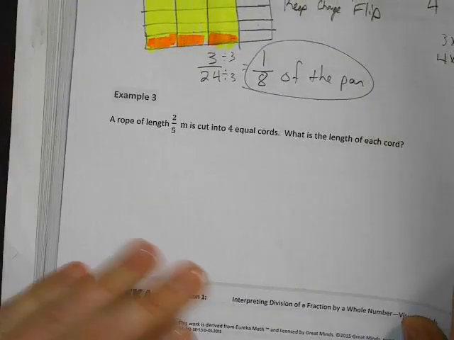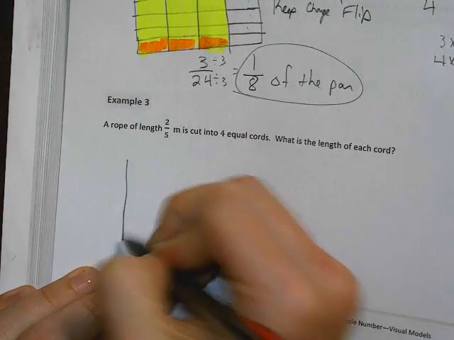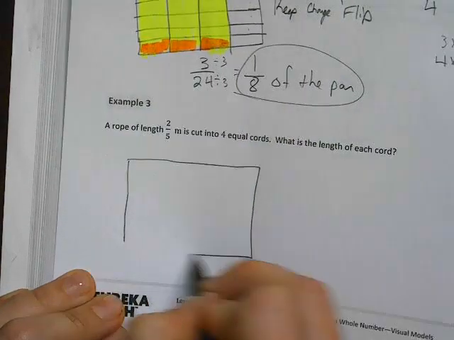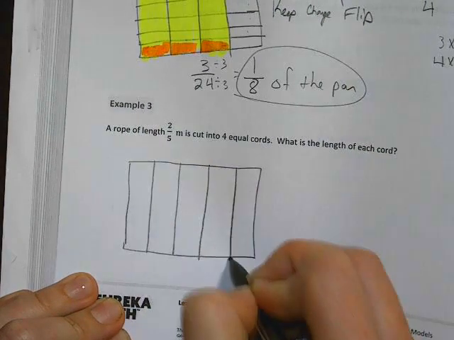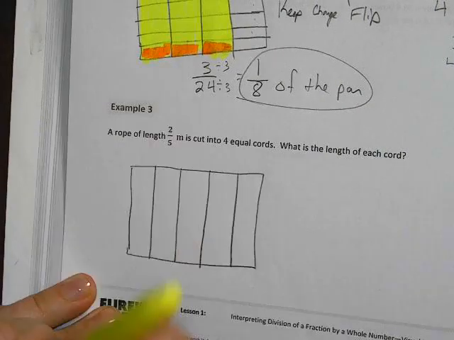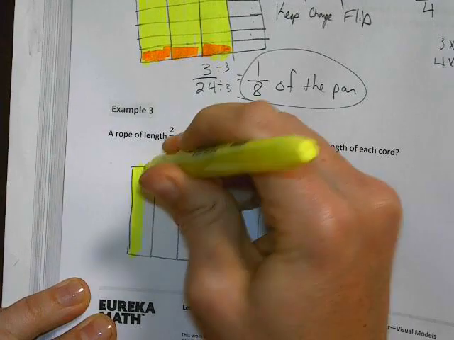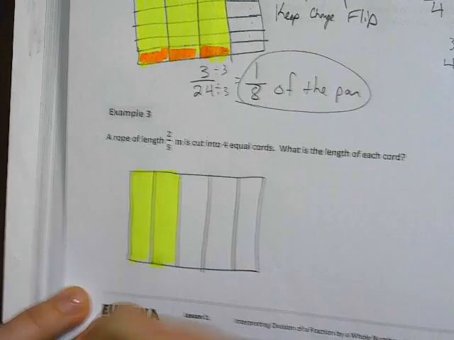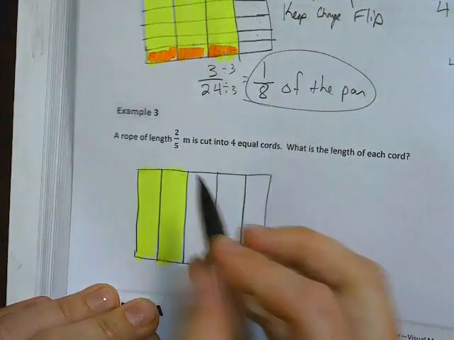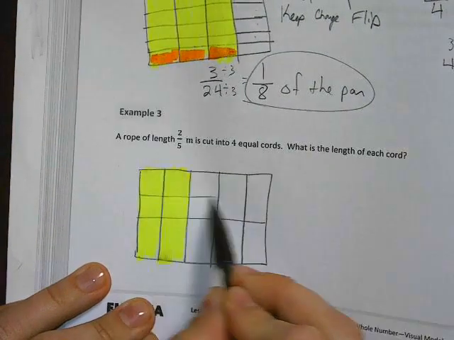In our third example, we have a rope with a length of 2/5 meters that is cut into 4 equal cords. So we have a rope. We need to show that it is 2/5. So that's 1, 2, 3, 4, 5. We have 2/5, so I color that in. That's 2/5, and it's broken into 4 parts. And so I break it into 4 parts.